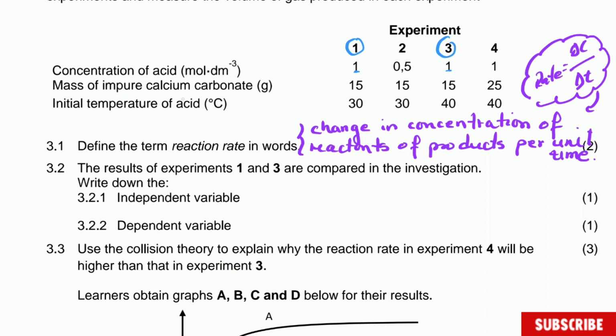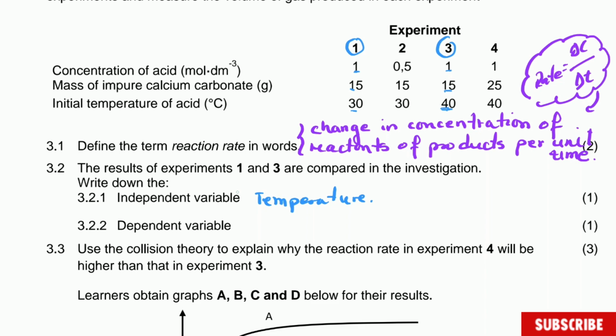The mass of impure calcium carbonate was constant. And what they changed was the temperature. So the temperature is going to be the independent variable, because temperature was changed by the learners who were doing the experiment.